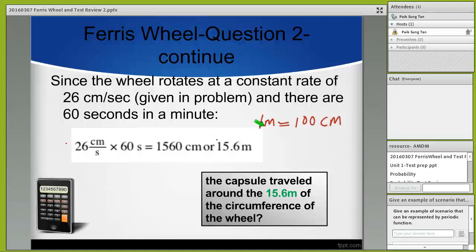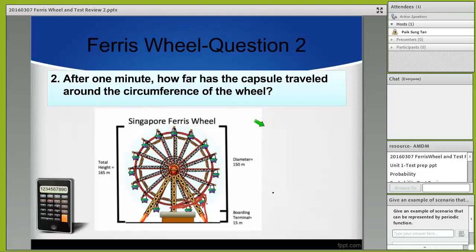Okay, that's only around the circumference. That's not the height of the capsule from the ground. What we had just calculated is only around the circumference right here. But we actually need to find this height right here.